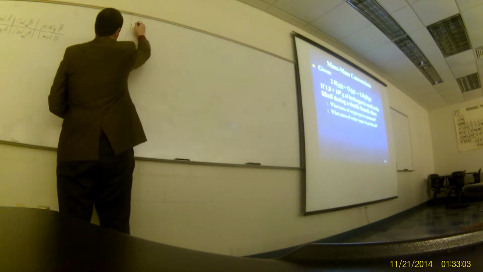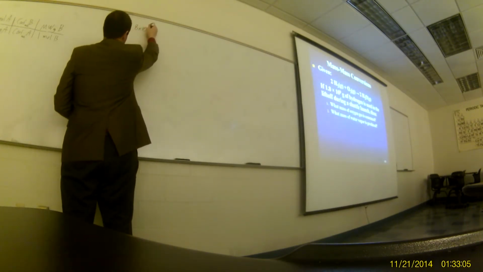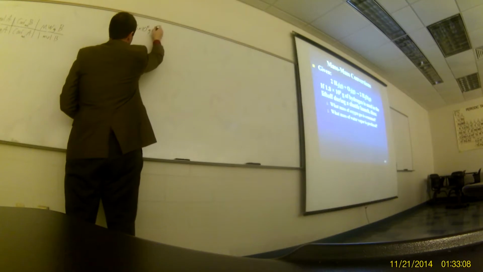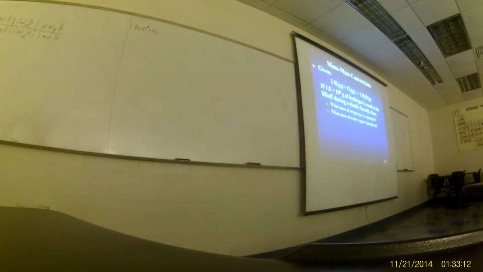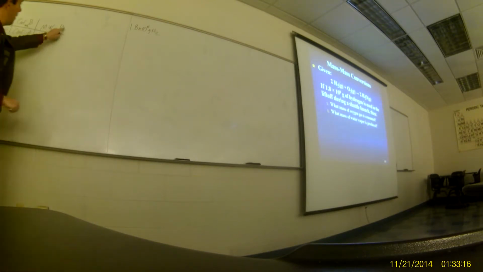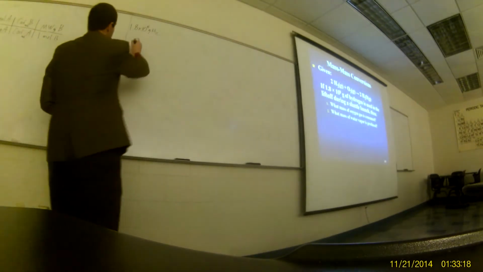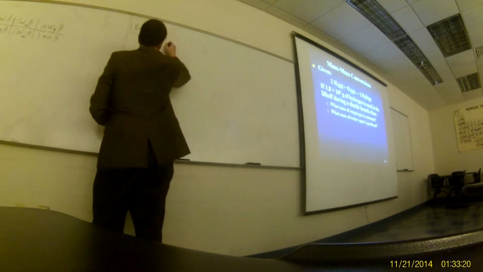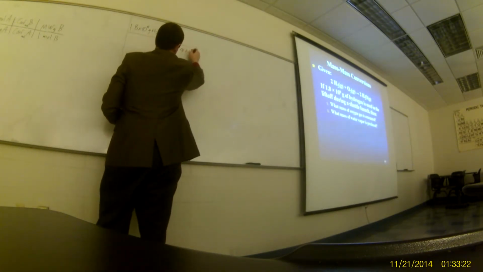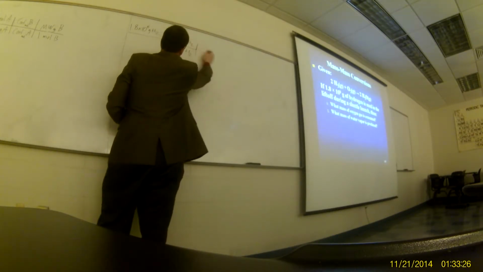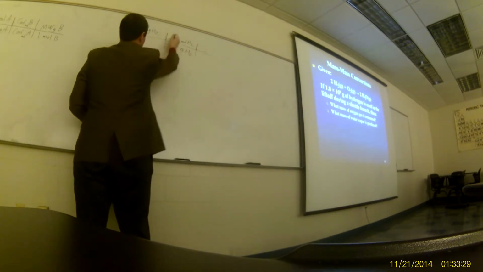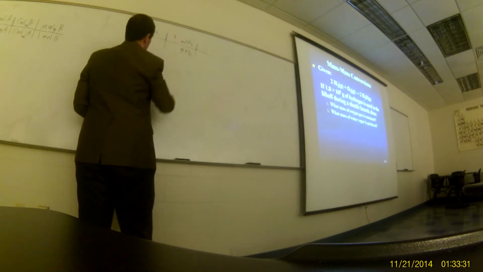So we are starting with 1.8 times 10 to the 8th grams of hydrogen. We're starting here. We need to get the mass of oxygen, so we need to go all the way down to here. Grams of hydrogen, moles of hydrogen. What number goes here? 1, 1. What number goes here? 2.